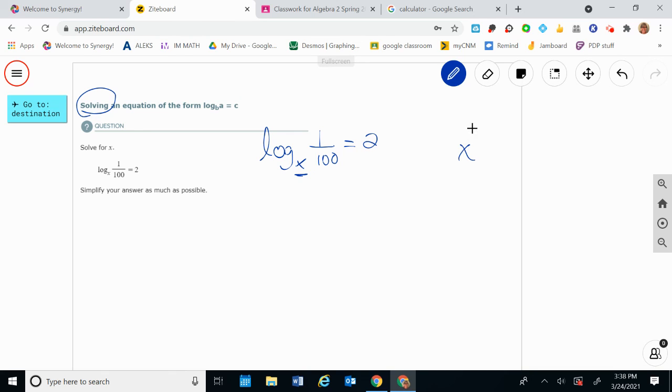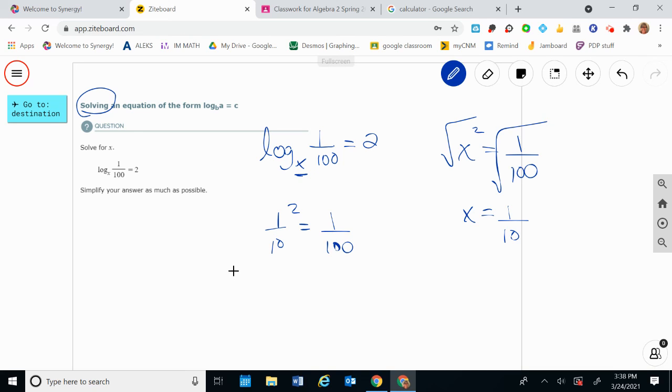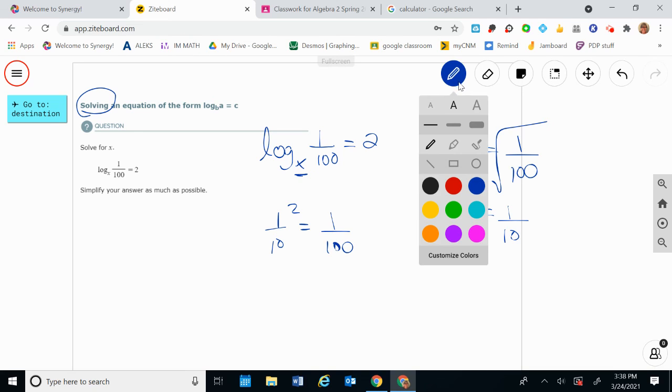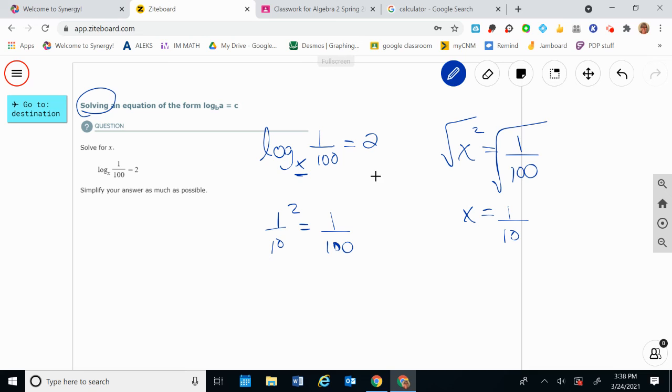So oftentimes it's easier to change it to this. x squared equals 1/100th. And then it might be easier. You could take the square root of both sides and you would get 1/10, because 1/10 squared equals 1/100th. Make sense? All right. Let's try another one.